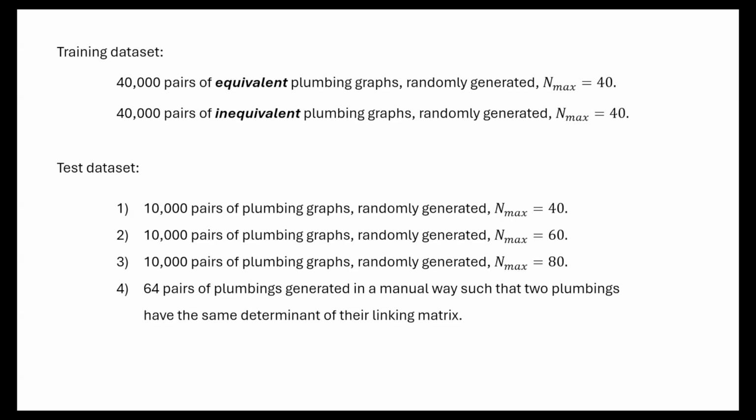It is a fact that the Neumann moves don't change the determinant of the linking matrix. So there might be an opportunity for the graph neural networks to learn the determinant of plumbing graphs instead of learning whole graph representations. So we come up with this test set 4 to distinguish whether or not these GNN networks properly learn graph representations.